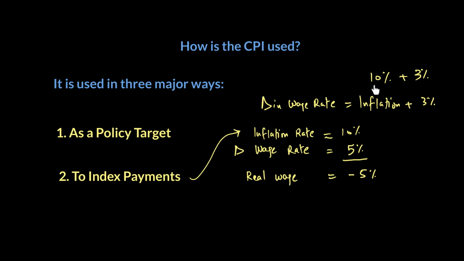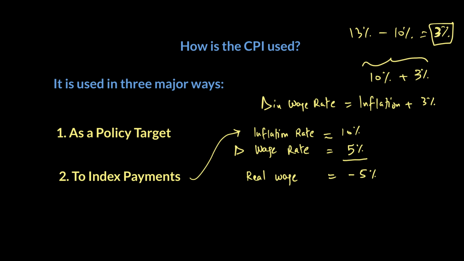Now, when the inflation is 10%, my wage rate is increasing by 13%. The idea will be that overall my real wage is going to go up by 13% minus the 10% inflation, or 3%. So I will get my increase in salary because of my performance.